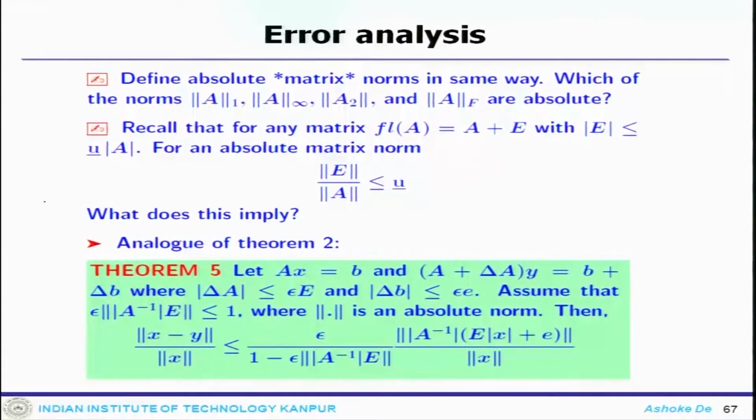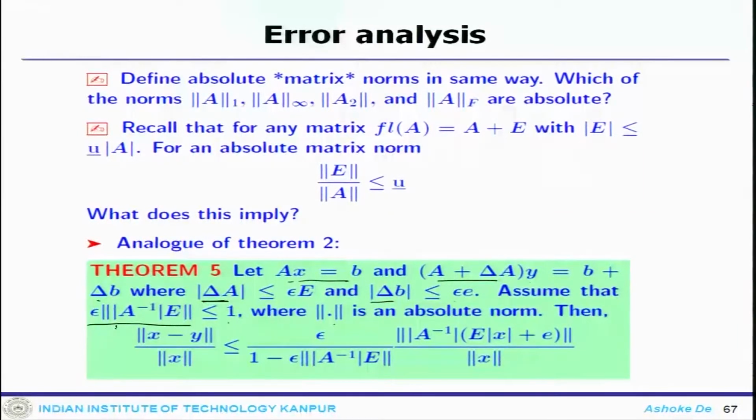Now, there is another theorem, theorem number 5, which is analogous to theorem 2. We state that if you have Ax equals b and (A plus delta A) y equals b plus delta b, where mod of delta A is less than or equal to epsilon E and mod of delta b is less than or equal to epsilon e, assume that epsilon times the norm of mod A inverse times E is less than or equal to 1, where the norm is an absolute norm.